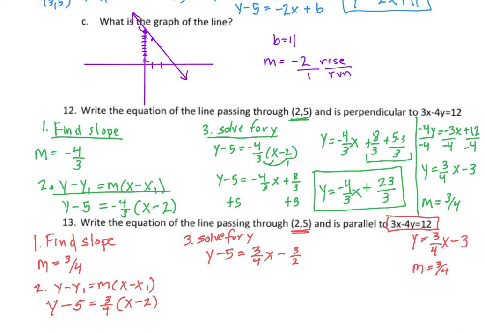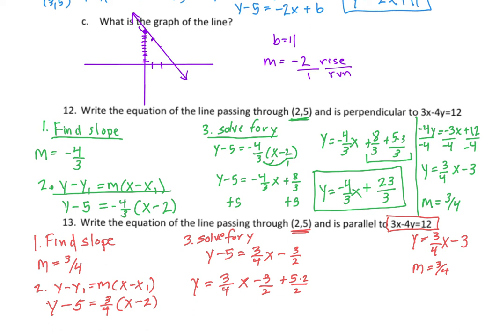Okay, now we just add that 5 over. So we have 3/2 plus 5. If we create a common denominator, multiply that by 2, that's 10. Negative 3 plus 10 is 7/2.